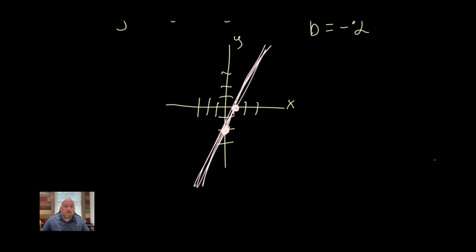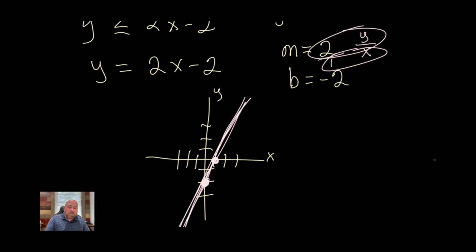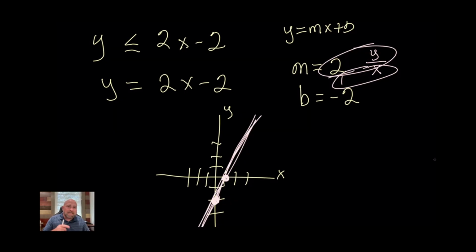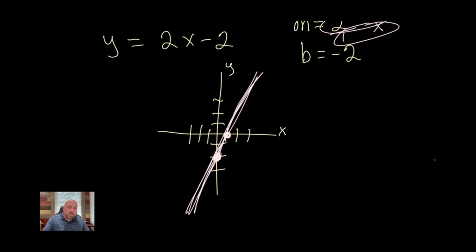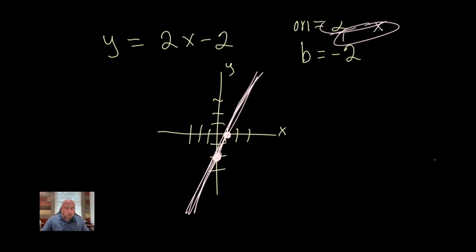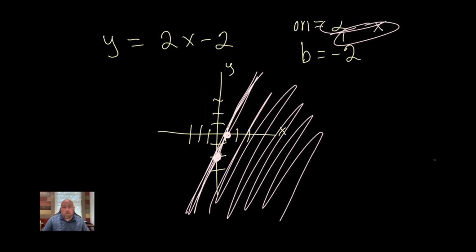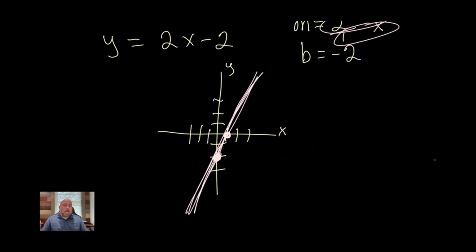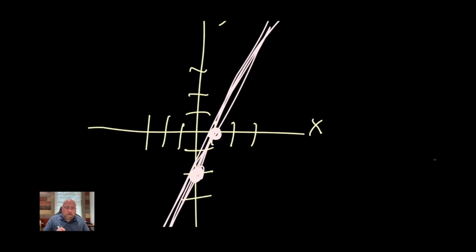Now, the next part of the question is this: which side of the line satisfies, or which side should we shade? For example, should we shade this side or should we shade this side over here? Okay. And here's the way that I do that. I always pick a point, and the point that I like to pick is always 0, 0.